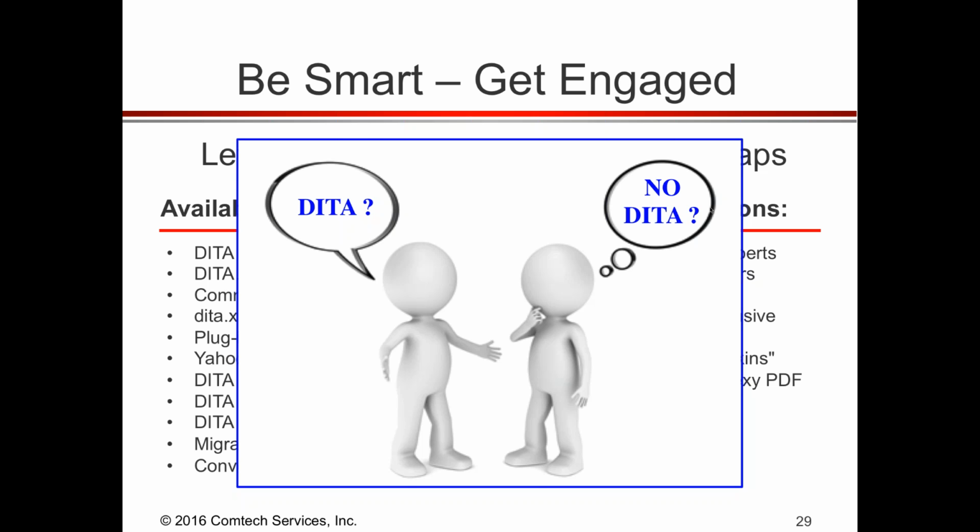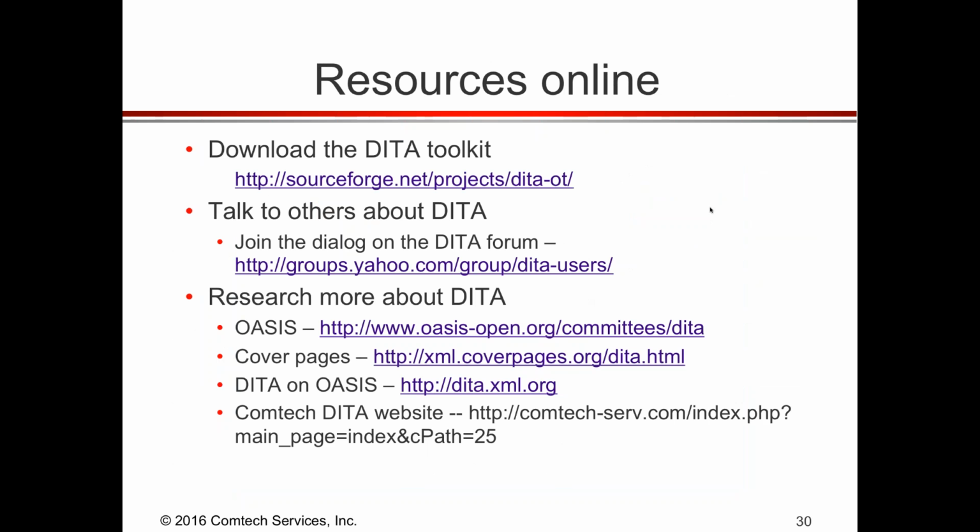We had a couple of resources that we did mention, and some links. Downloading the DITA Toolkit, which is the production side of things. Talking to others, like the DITA Yahoo user group, where we have people asking questions and technical experts answering them. And then research more about it.